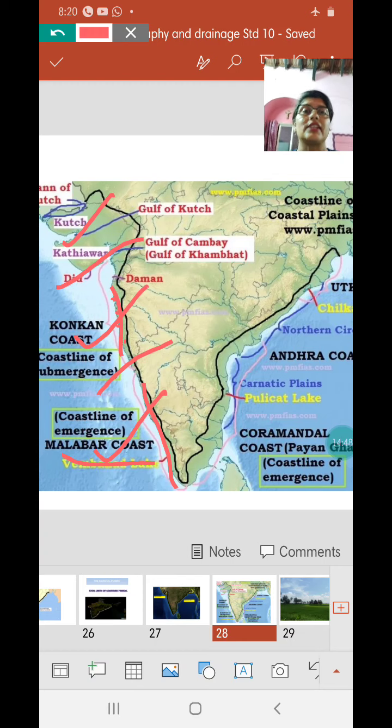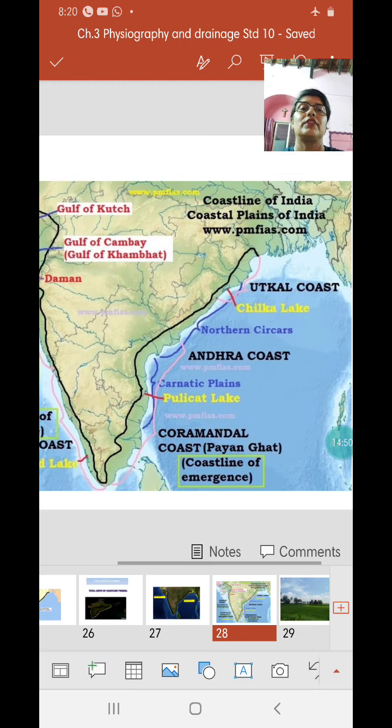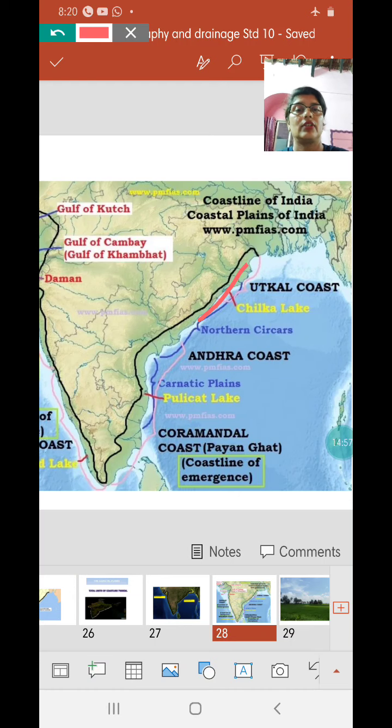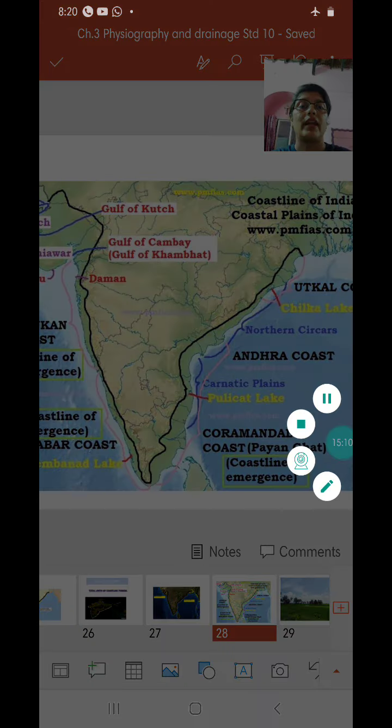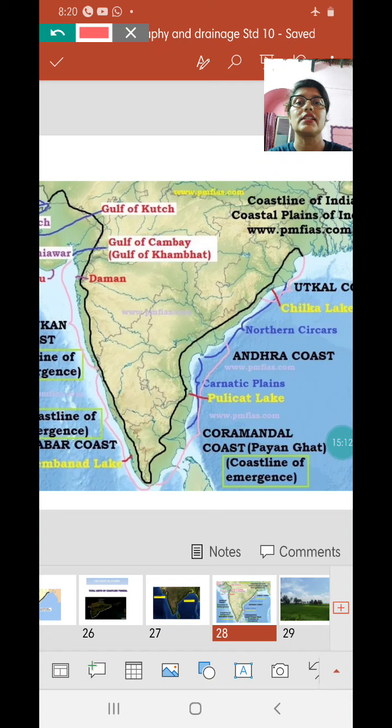And to the east, you have the Utkal coast in the Orissa region, the Andhra coast in Andhra Pradesh, and the Coromandel coast in Tamil Nadu. Also for differences, you can in fact write the states in which the eastern and the western coastal plains stretch.